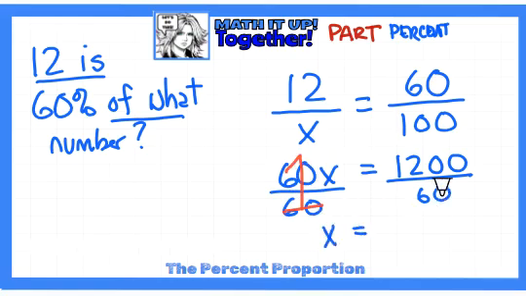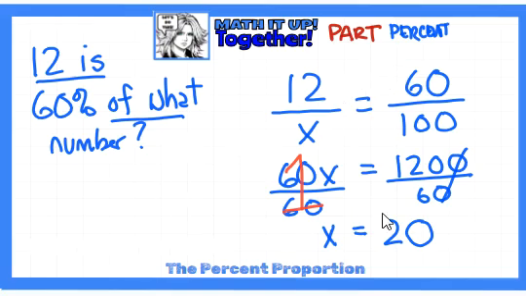And 6 goes into 12 twice. There we go. And our answer is 20. So 12 is 60% of 20.